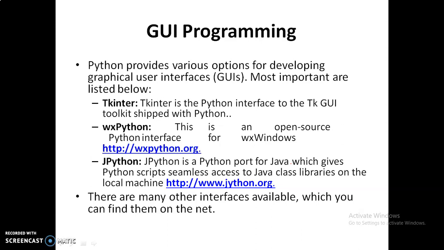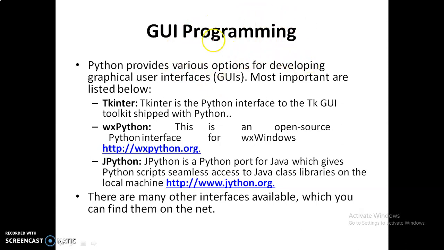Whenever you are saving a file, you can see the file save dialog box, open dialog box, and login dialog box. There we can observe different types of tools, buttons, text boxes, radio buttons, check boxes. We can place images on the GUI interfaces. All of these we call GUI interfaces.